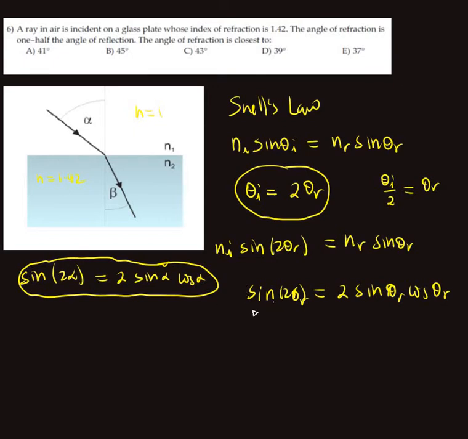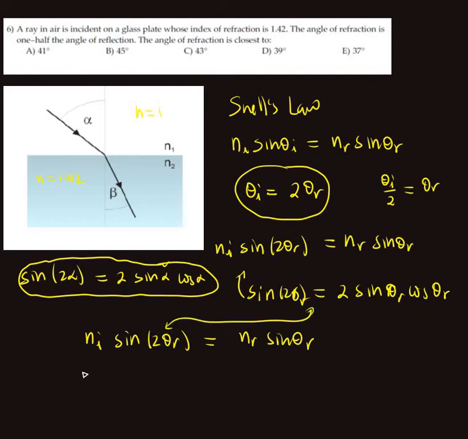And now, I'm going to rewrite this equation again. Ni sine of 2 theta r is equal to Nr sine of theta r. Now I'm going to make the substitution. This thing, which is here, I'm going to put it here.